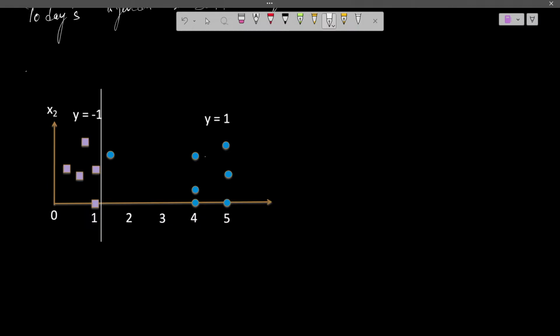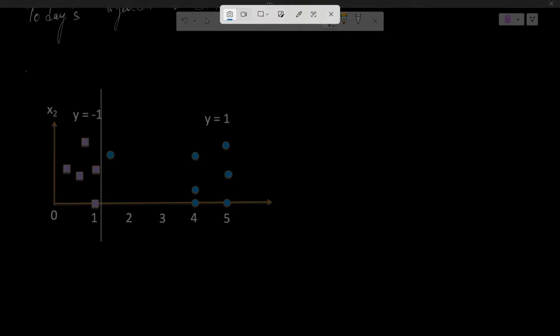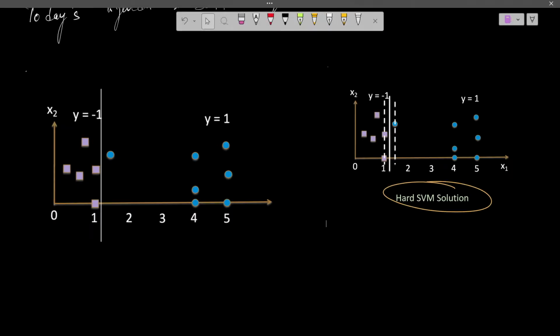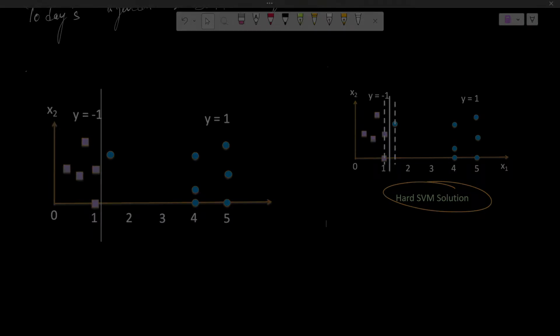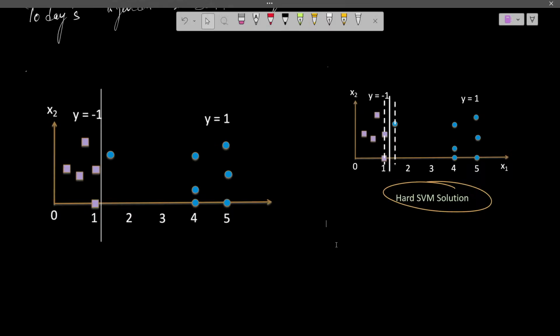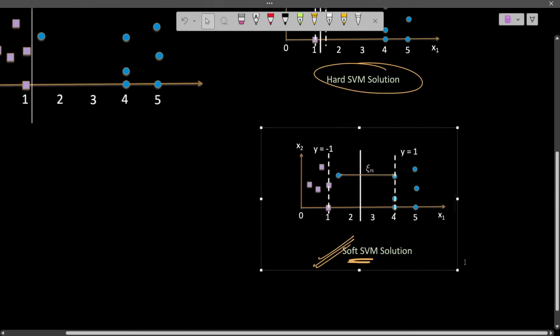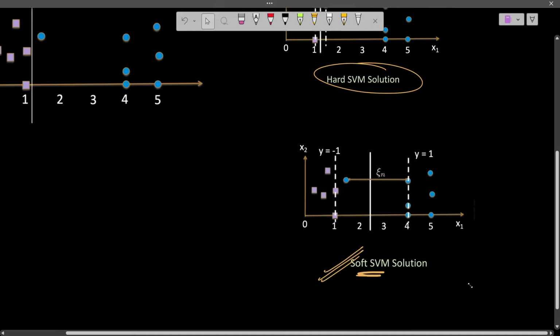But if we consider soft margin SVM, it just relaxes that condition, so it can be like this, right?